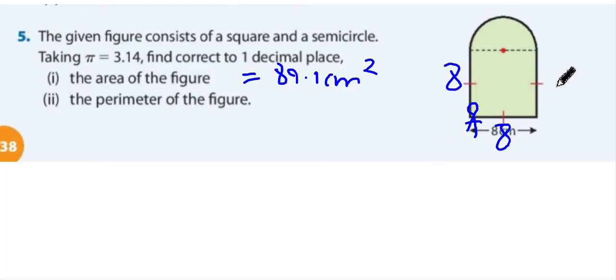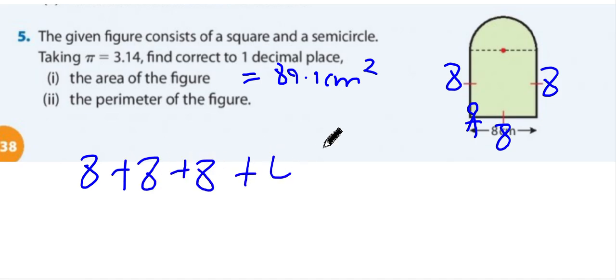Would you agree? 8, 8, and 8. So 8 plus 8 plus 8 plus L, which we'll call the length of the semicircle. Now, the length of a semicircle is half the length of a circle. I'll use a different letter than L actually. I think I'll just call it X.